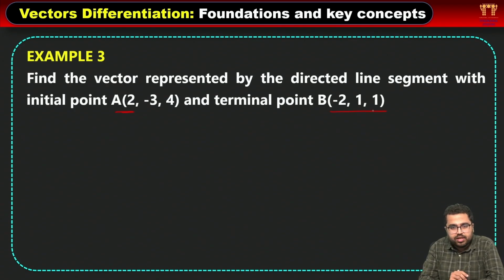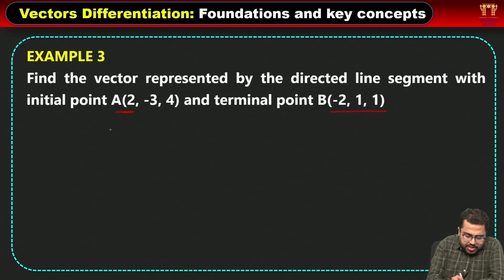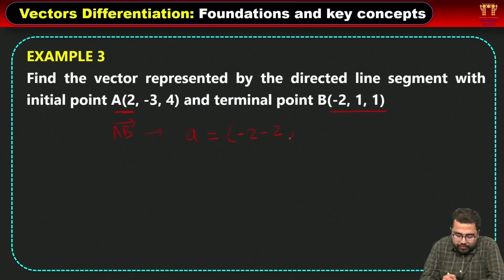We can represent the vector AB by this vector A. Its first component is the first component of B minus the first component of A, which is minus 2 minus 2, giving minus 4. The second component is the second component of B minus the second component of A, which is 1 minus minus 3, giving 4. The third component is the third component of B, which is 1, minus the third component of A, which is 4, giving minus 3.